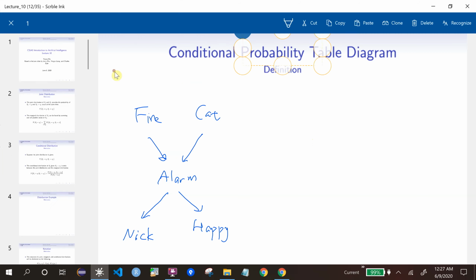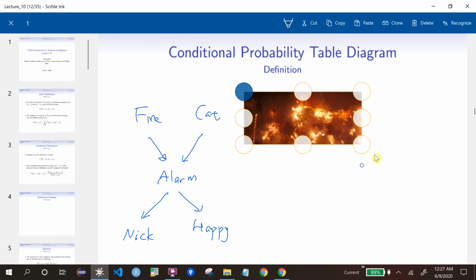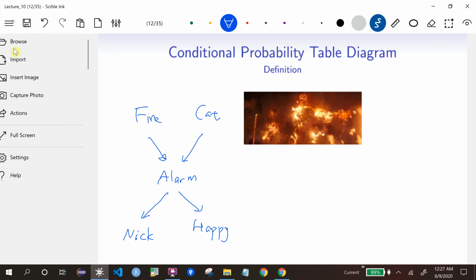First, there may be a fire, like this fire, actually a fire monster, but in any case, that may happen. In that case, it will trigger the alarm, obviously. And then there may be a cat problem.